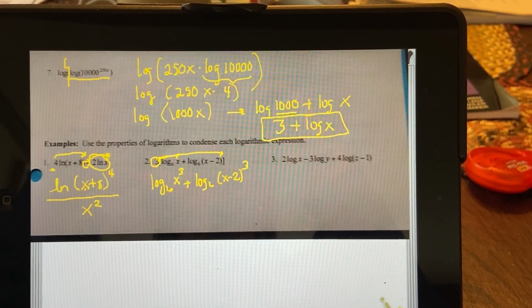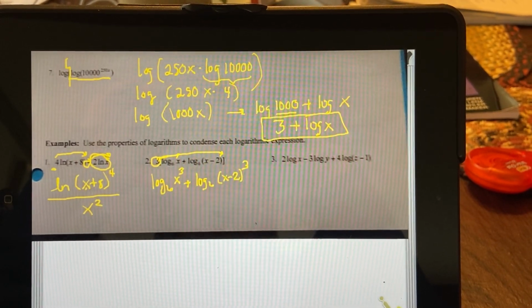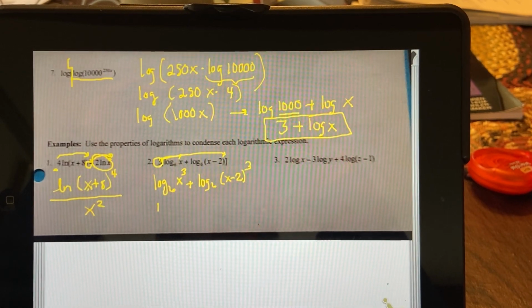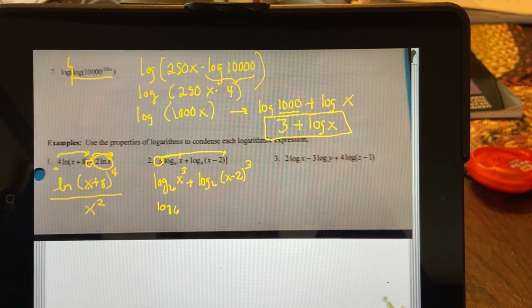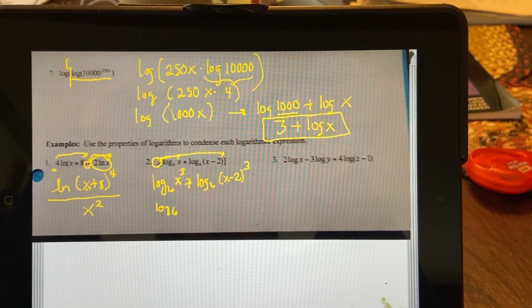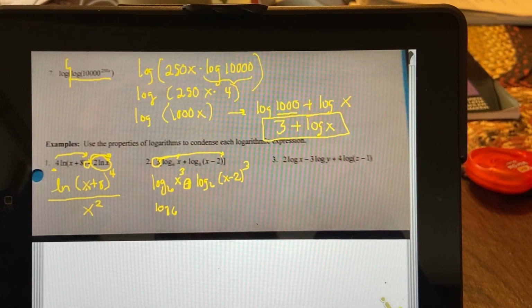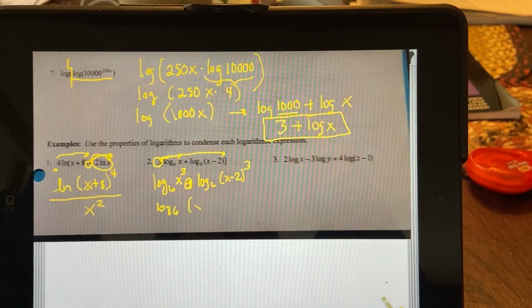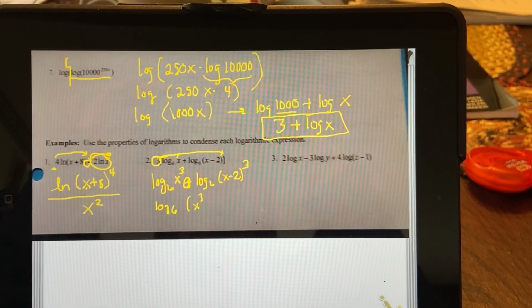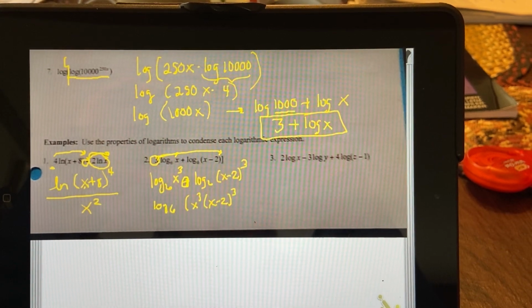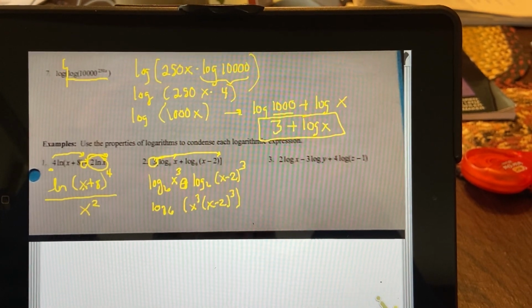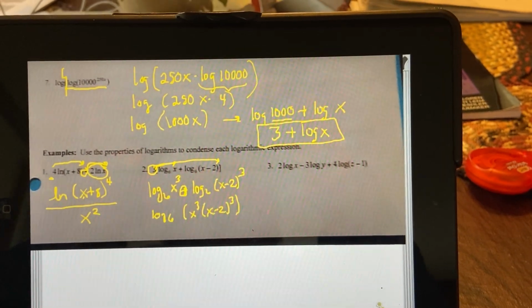So remember, we're condensing, squishing it together. So write only 1 log base 6 and then put the terms together. So I'm adding here, so that means I'm really multiplying. So that's really x cubed and then x minus 2 quantity cubed. And you can stop there. You don't need to go any further.